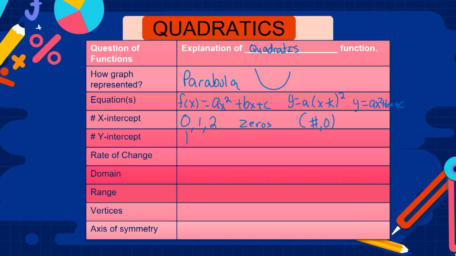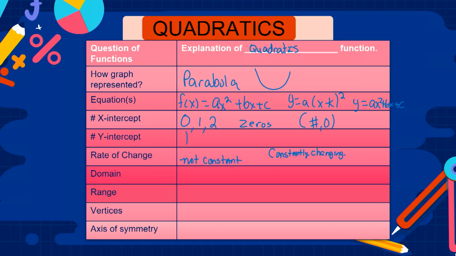We're just having one y-intercept. Now when we talk about this rate of change, this rate of change is different. It's not necessarily constant. So it's not a constant, but we are constantly changing.